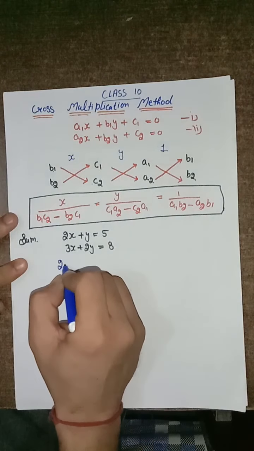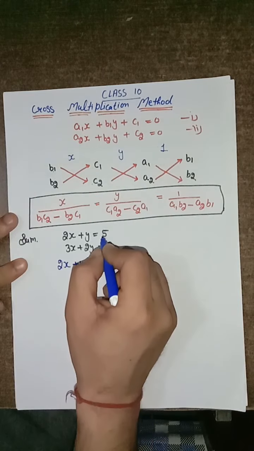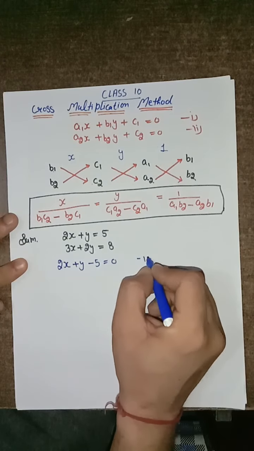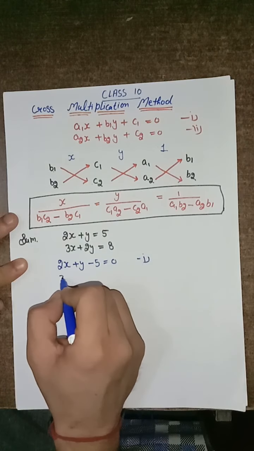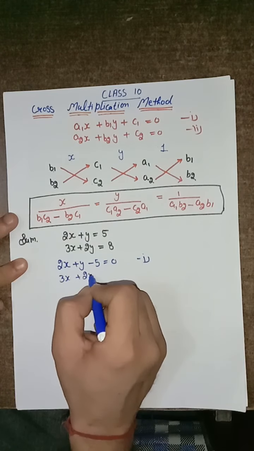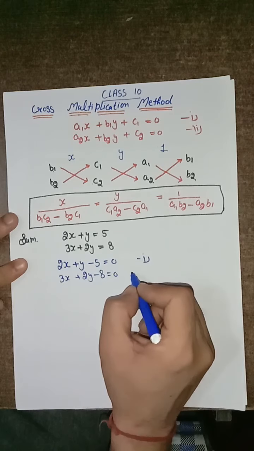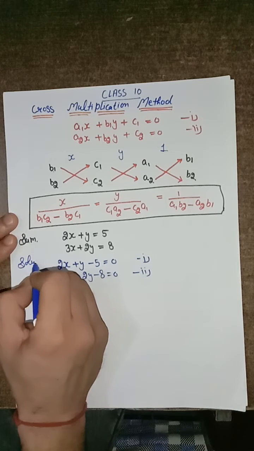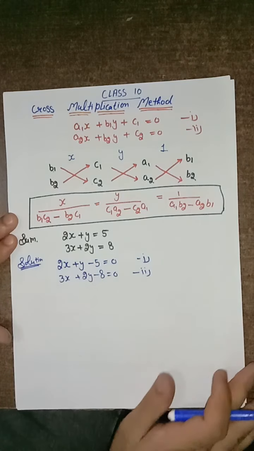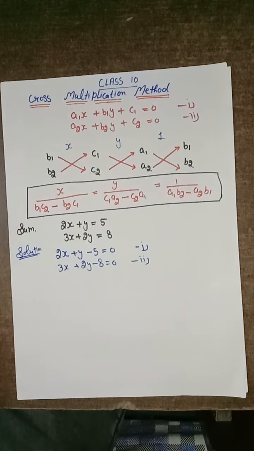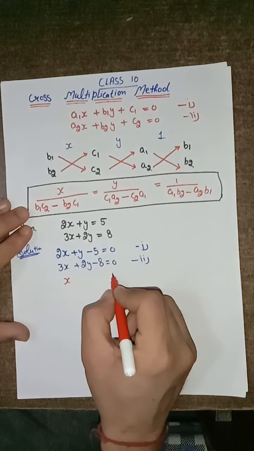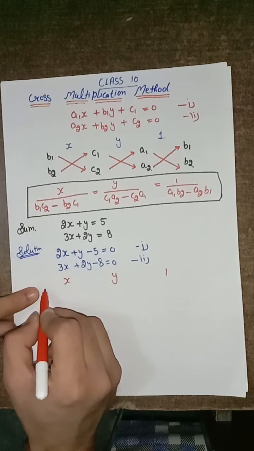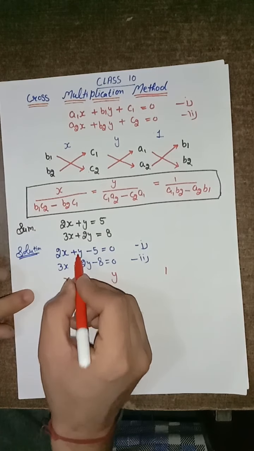So my general form will be 2x plus y minus 5 equals 0, and 3x plus 2y minus 8 equals 0. This will become my second equation. Now our next step is to write x, y and 1.